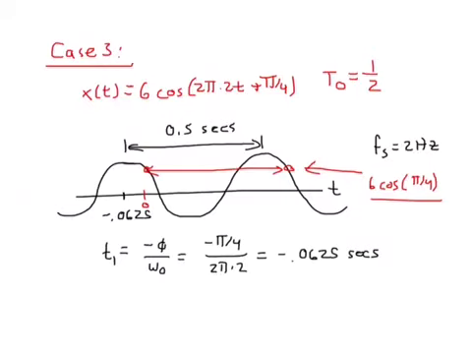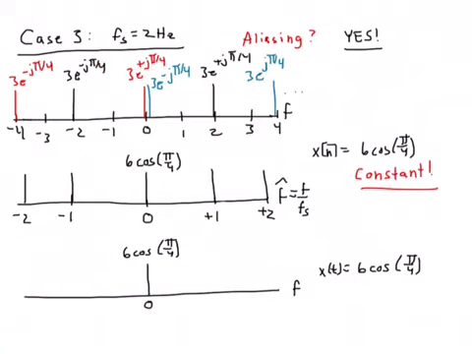Okay, if we go back now to the previous, we can look at the rest of the problem. So if we reconstruct this signal from its samples, again, we pull out everything between plus and minus fs over 2. Well, fs is 2 hertz.